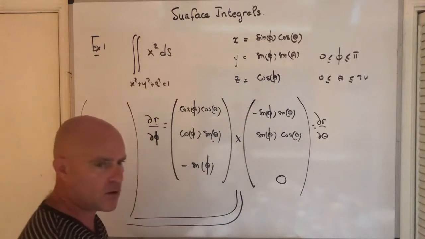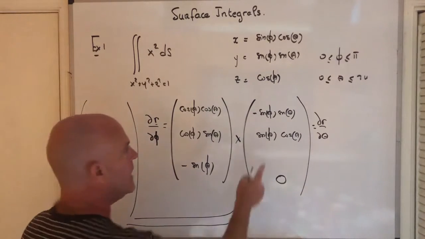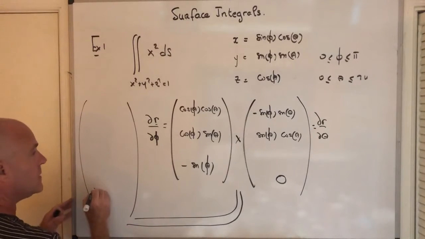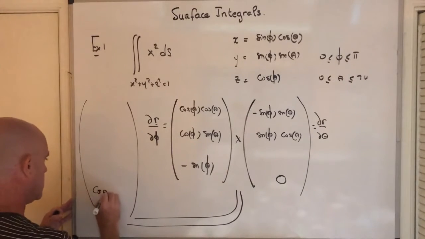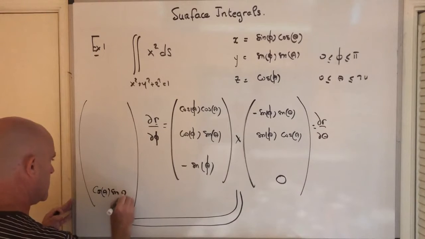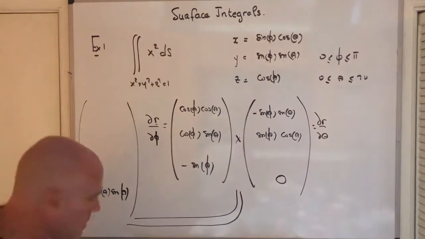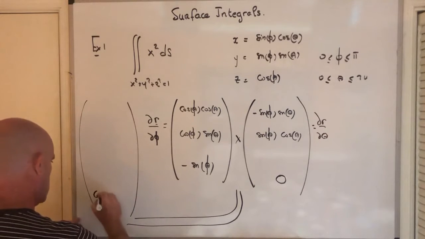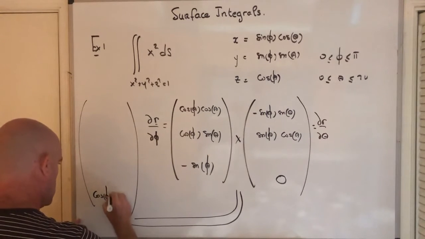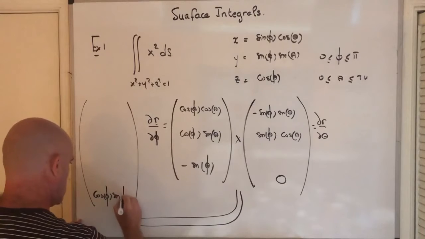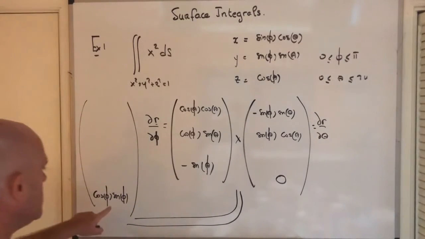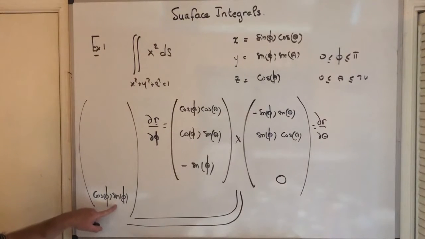So you have sine square theta plus cosine square theta times sine phi cosine phi. The only thing that remains is cosine phi sine phi, because sine square theta plus cosine square theta equals 1.